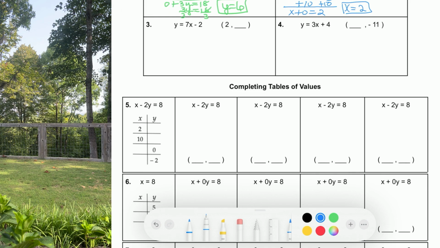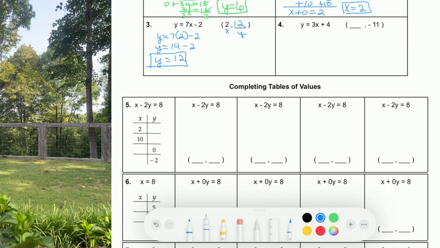Y equals 7x minus 2. This time we have the x. We're looking for the y. So y equals 7 times 2 minus 2. Y equals 14 minus 2. So y equals 12. Put my 12 in my answer.